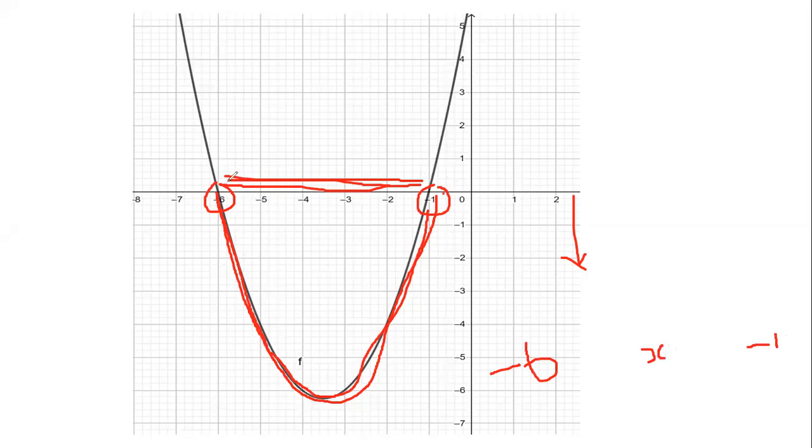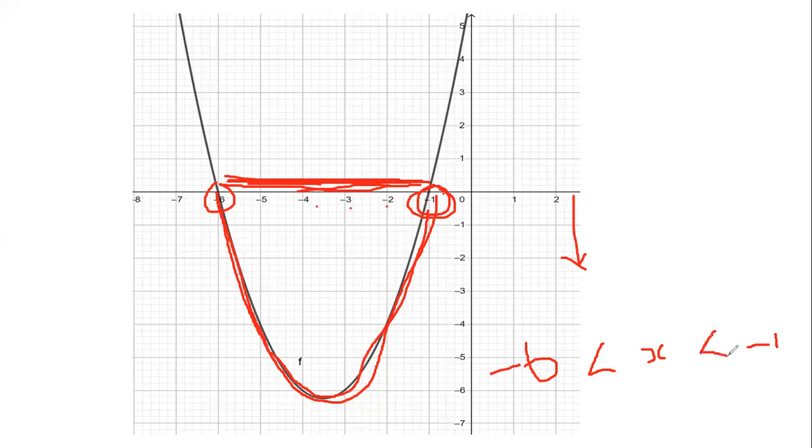If you take from -6, these values are greater than -6, so x is greater. And if you consider from -1, these values are less than -1, because -2, -3, -4 are less than -1.